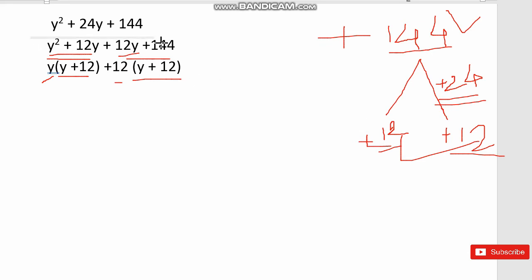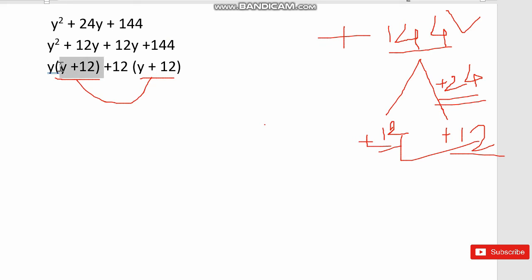So what are the factors here? Let us see, y plus 12 is the common factor in both terms. So we take it as common again, and we write y plus 12 in the first bracket and y plus 12 in the second bracket.